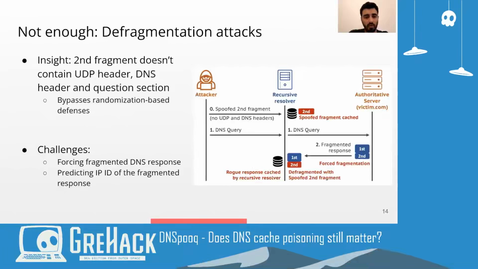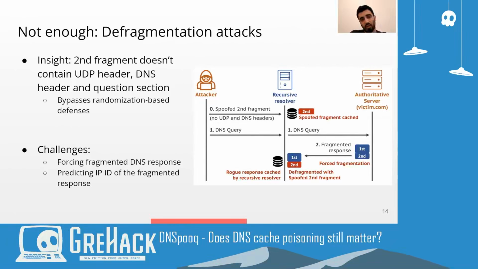So researchers found a way to bypass the 0x20 encoding defense, as well as other randomization-based defenses. And the idea is as follows. When you think about a DNS response packet, all the randomization-based defenses appear at the first part of the packet. So in the UDP header, we have the destination port.